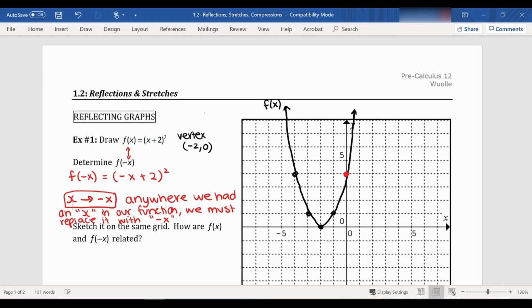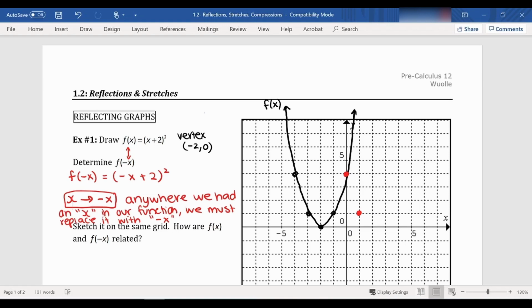Okay. Now what if we plug in, say, x is 1? If I plug in x is 1, I'm going to get (-1 plus 2) all squared, or 1 all squared, which is 1. So when x is 1, y is 1. This looks promising. If I go to the left, I'm probably going to be getting higher y values, so I'm going to keep going over to the right.